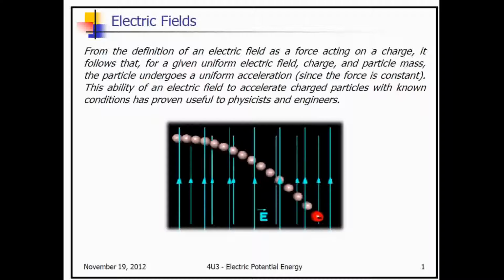So you can imagine how difficult it would be to calculate what it would be like throwing a ball through a gravitational field where the gravity changes multiple times throughout the ball's path. Now, in order to make our math easier, we create these uniform electric fields, and it's not necessarily just to make the math easier, but it gives us a lot of different applications as well.